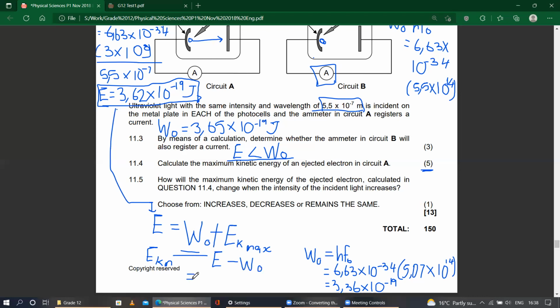So our total energy, that's gonna be 3.62 minus 3.36, all of this in brackets, times 10 to the exponent negative 19.